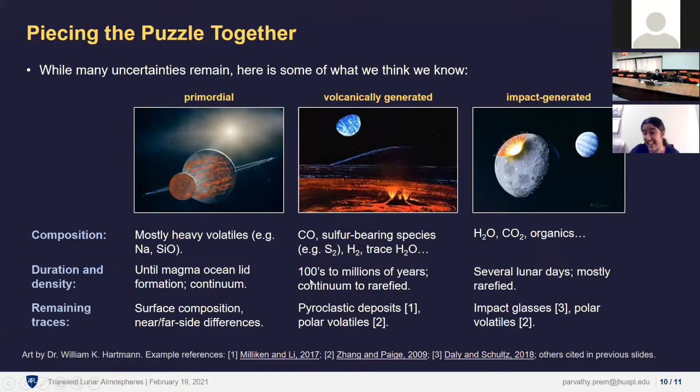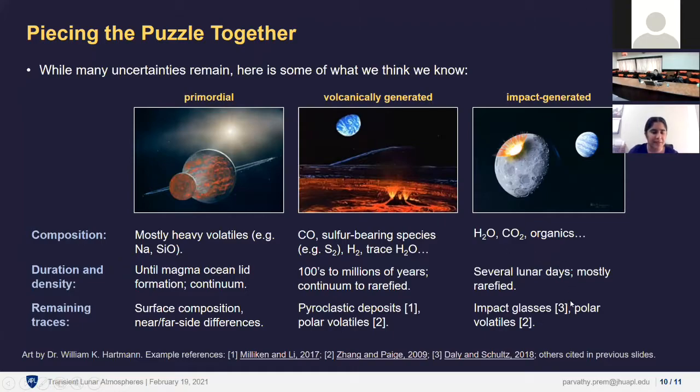They could have lasted anywhere from hundreds to millions of years, depending on the scale of the eruption. These could be initially quite thick, quite continuum, and then they gradually decay to something more rarefied. Impact-generated atmospheres are the shortest lived, and for most impacts, other than the very large ones, they're mostly very thin, rarefied atmospheres.